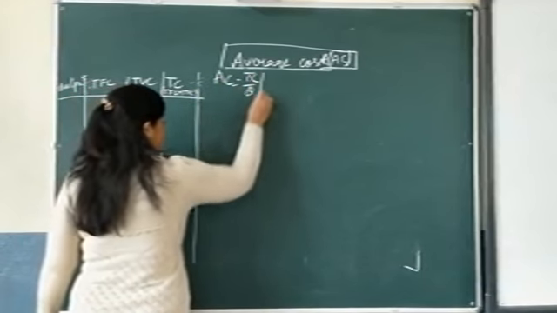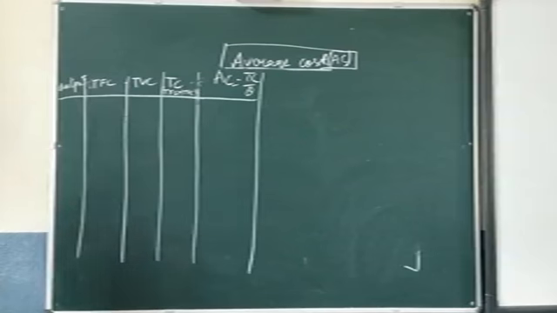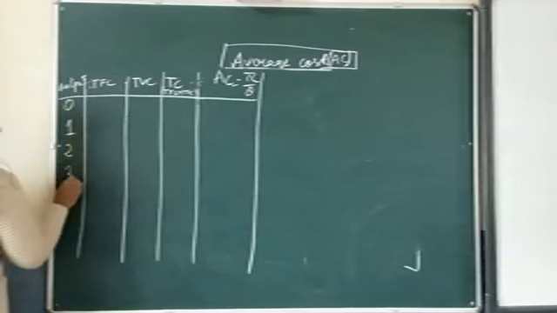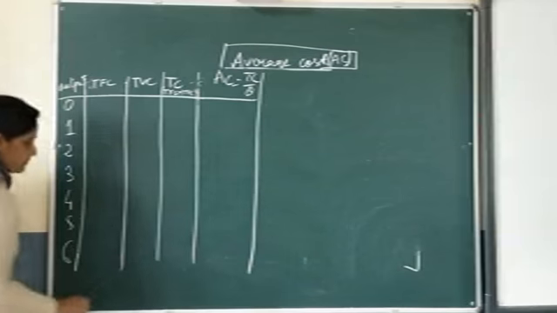TC upon Q. Is it clear to all of you? So we will start 0, 1, 2, 3, 4, 5, 6.